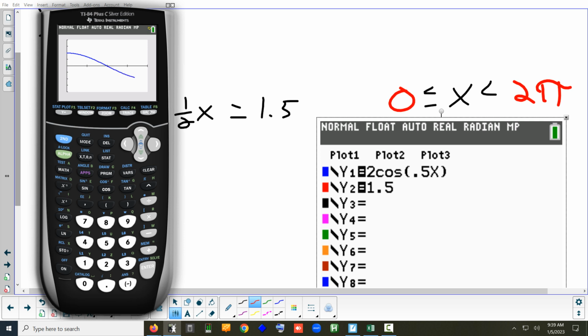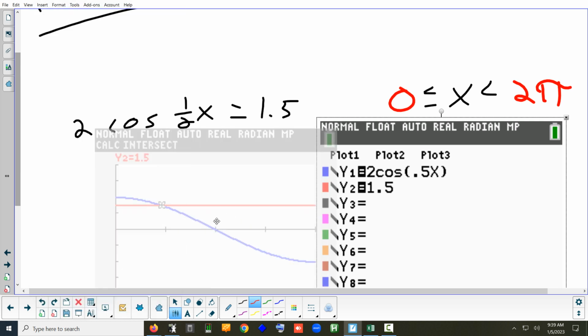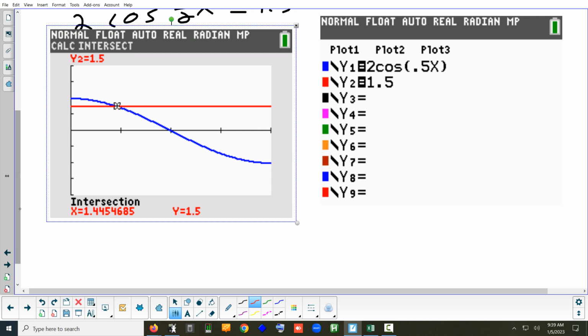Looks like it's only going to be one time. So this one only has one solution. Second calc intersect. I don't know why I keep doing that. Second calc intersect. And there you go. About 1.45.